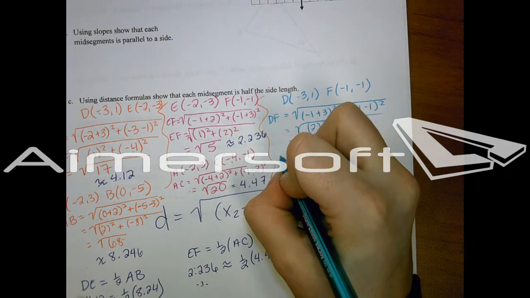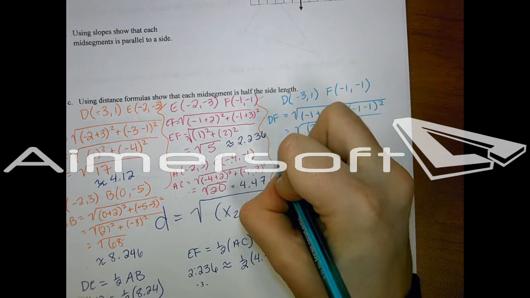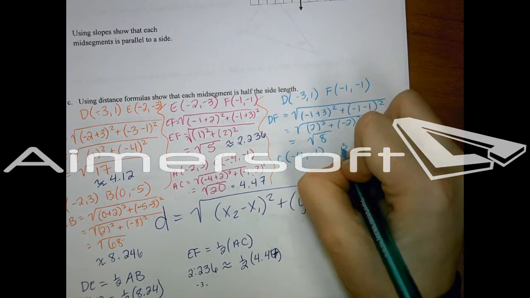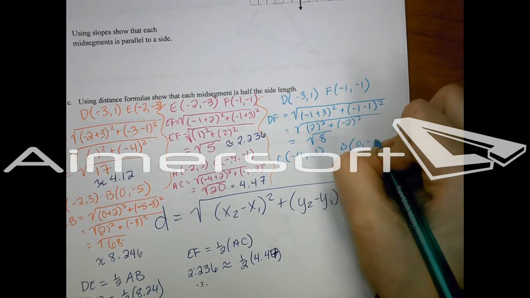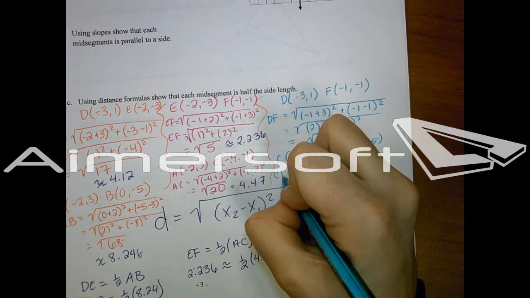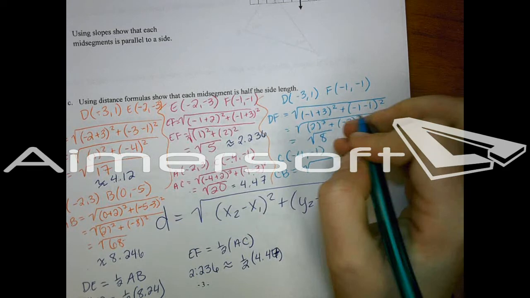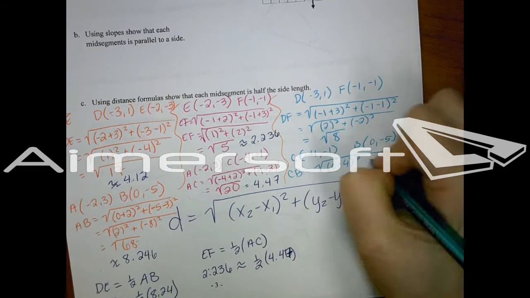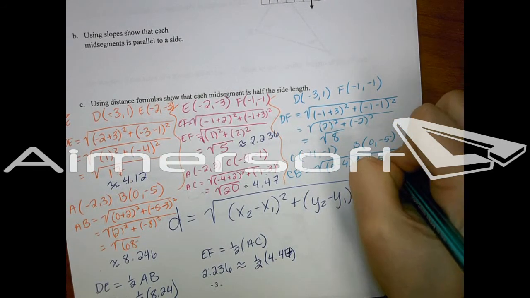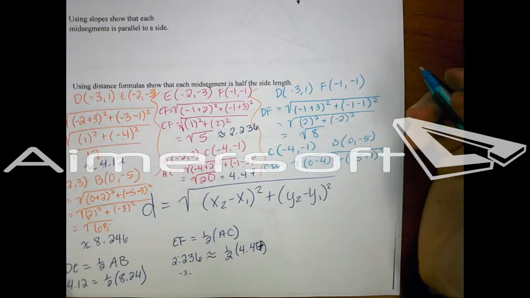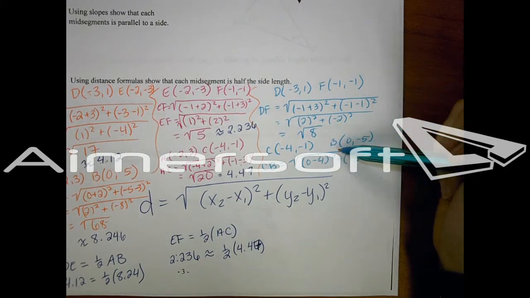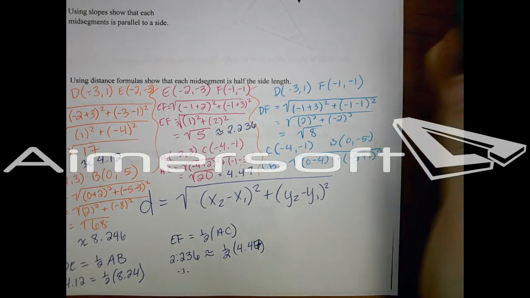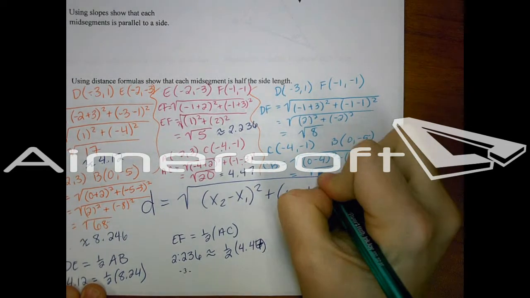I'm going to do CB as well. C is (-4, -1). B is (0, -5). -4 squared is 16, -4 squared again, also 16. That gives me the square root of 32.